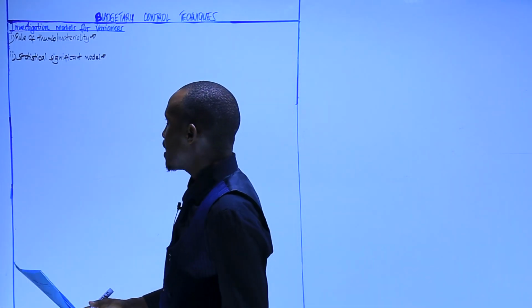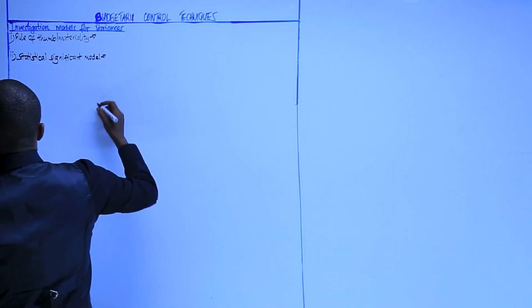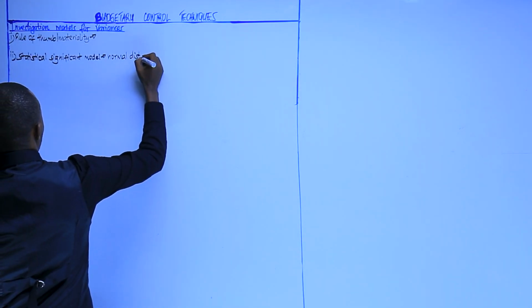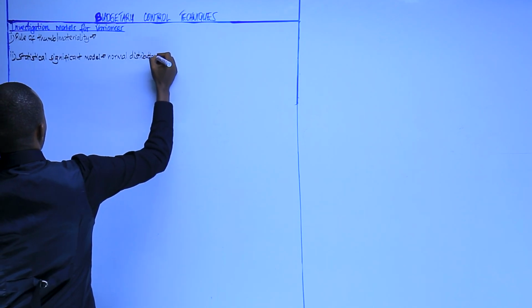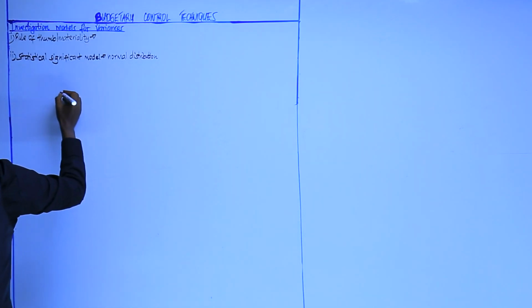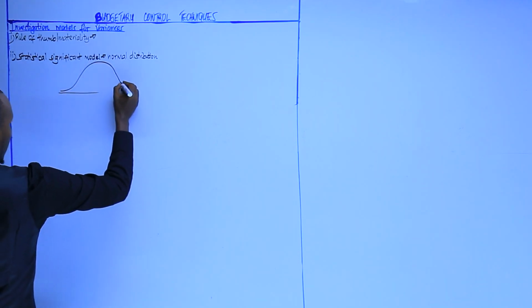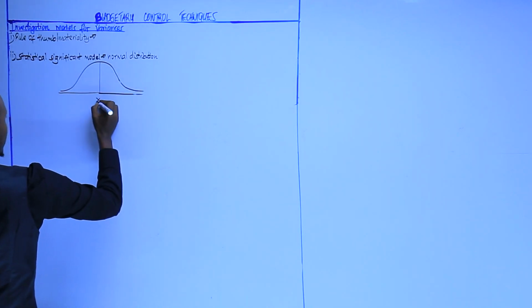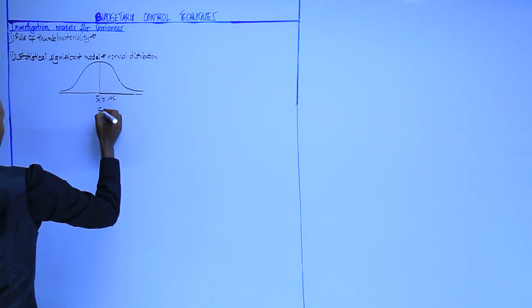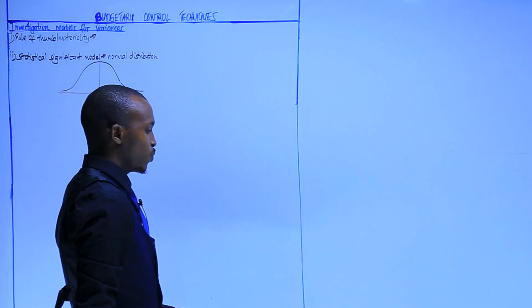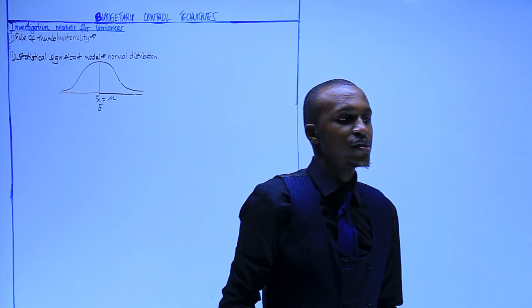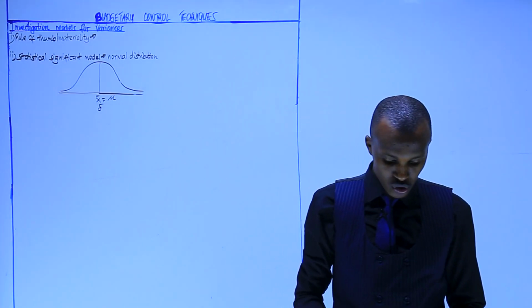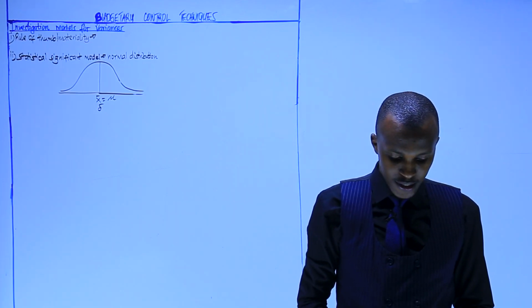So effectively, the statistical significant model is an investigation model where you use your normal distribution. And remember, your normal distribution is a probability distribution that is correctly defined if you have the mean and the standard deviation. So with this model, you simply use your normal distribution curve to investigate variances.